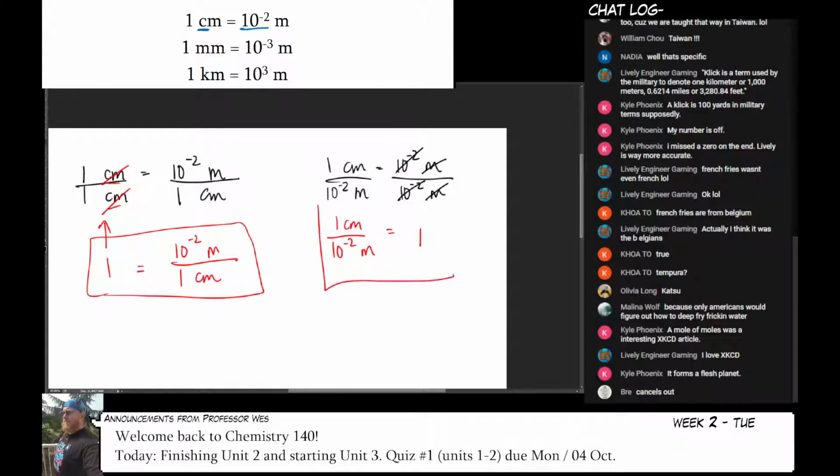Now, I have two expressions here. On the left side, I have something that equals 1. And on the right side, I have something that equals 1. Therefore, what must be true about these two things? Well, if something equals 1 and something else equals 1, those two somethings must equal each other, right?